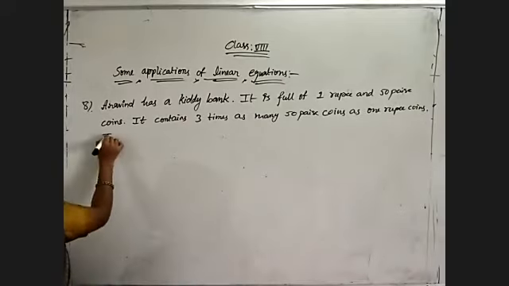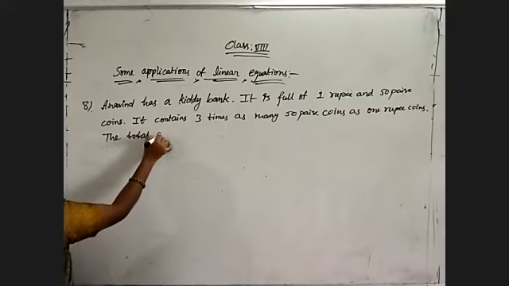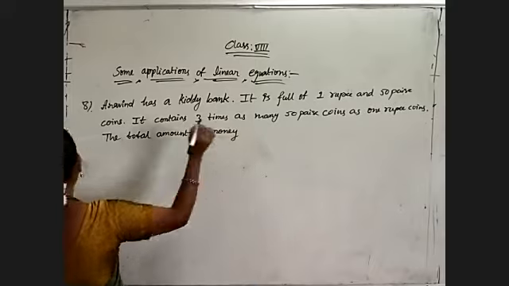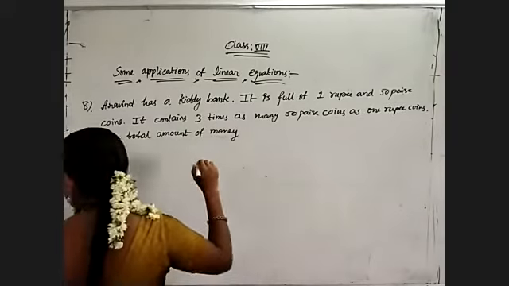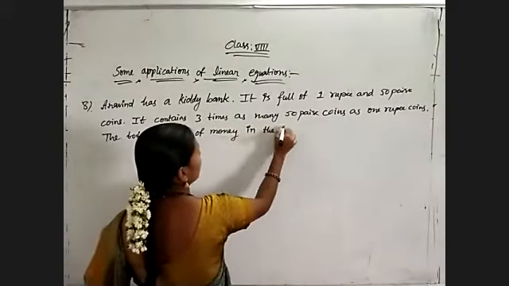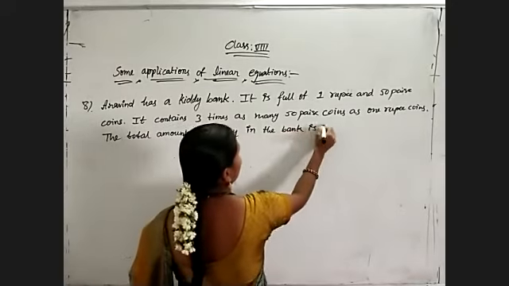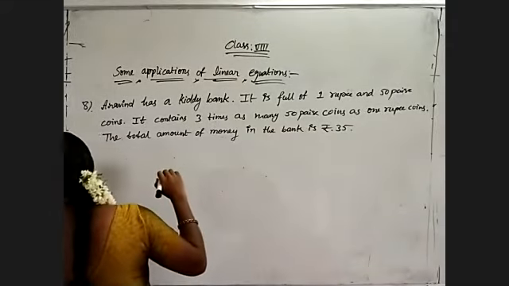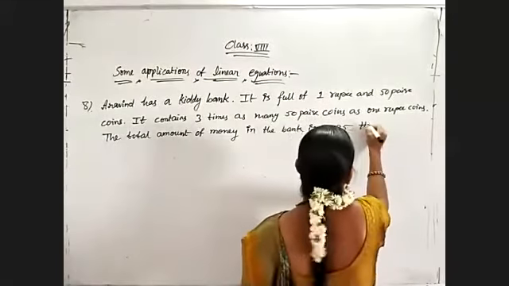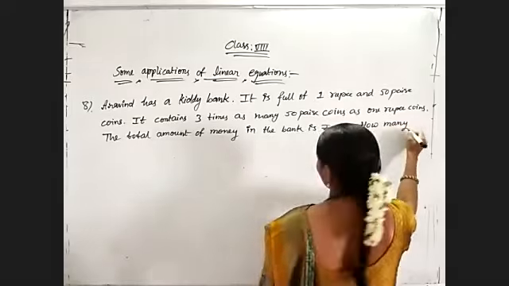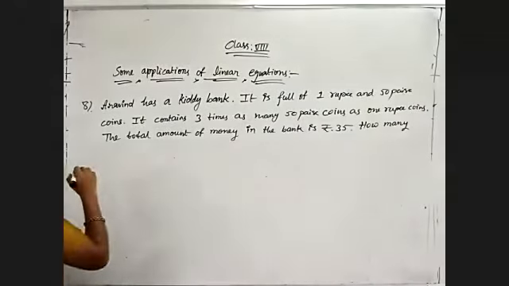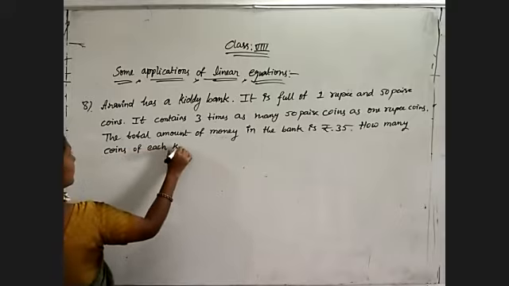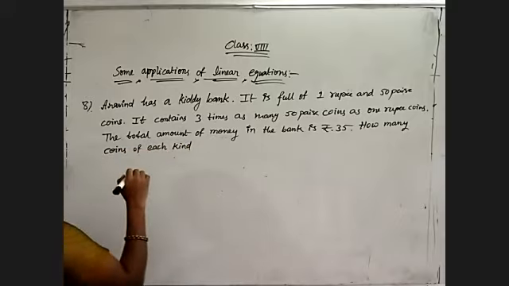The total amount of money in the bank is 35 rupees. Now, how many coins of each kind are there in the bank?